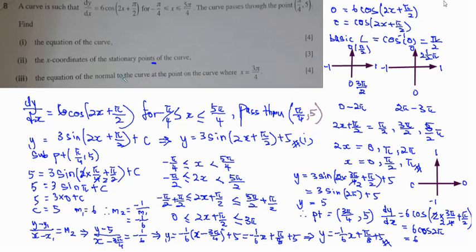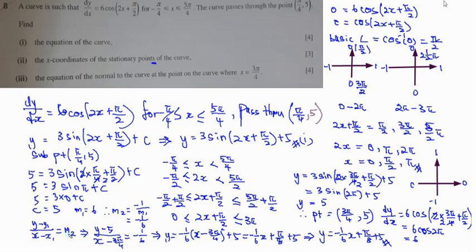Okay, next is to find the equation of the normal to the curve at the point on the curve where x equals 3 pi over 4. Now, to form the equation of normal, normally we have to use this. Okay, this y1 and x1 is the point where the normal passes through, but also the point where the tangent passes through.